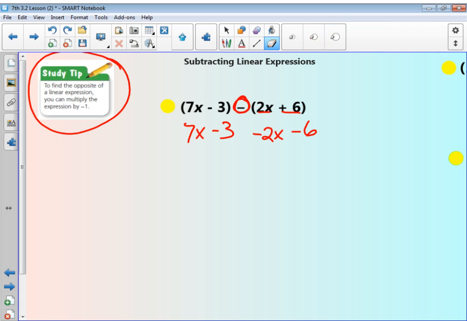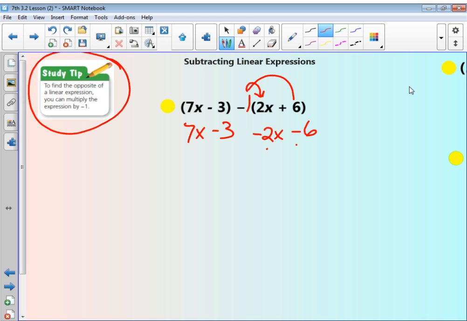Okay, I would have gotten the same thing, and I'll show you if I would have distributed a -1. -1 times positive 2 gives me that -2. -1 times a positive 6 gives me that -6. Okay, so that opposite thing works great as long as it's no number with that opposite sign.